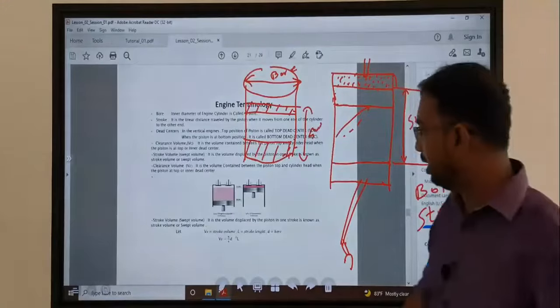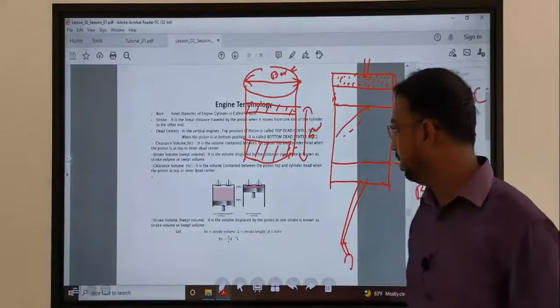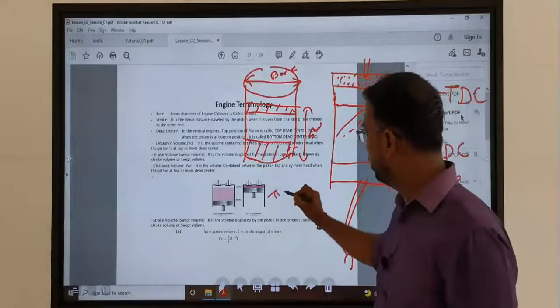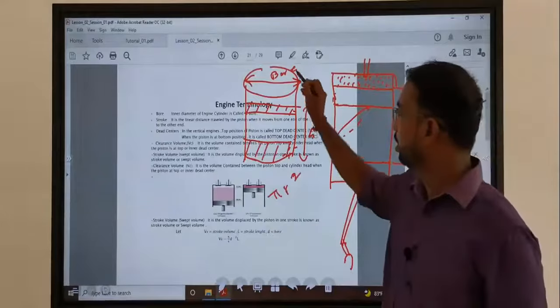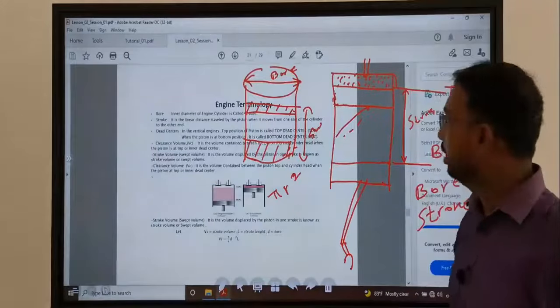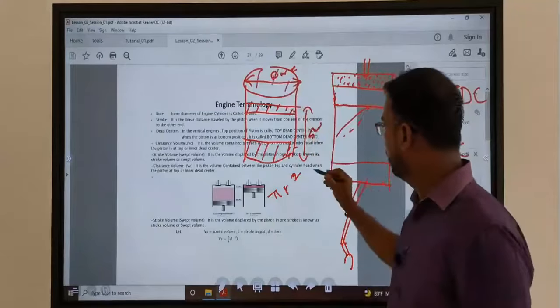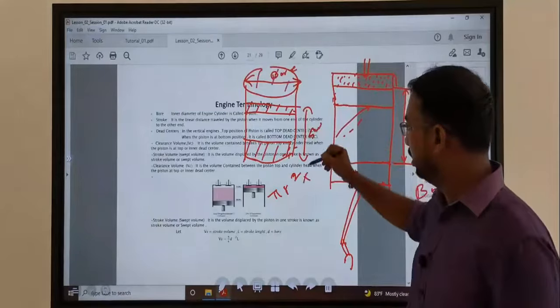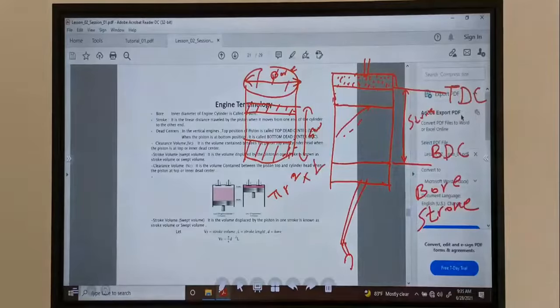Cylindrical volume, you already know, is pi r squared times the length. Here the area is pi r squared and the length is L, the stroke.